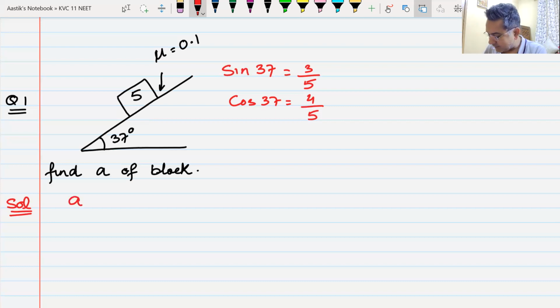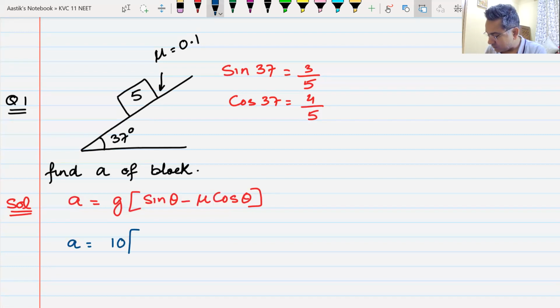So you have to find out the acceleration. This is a simple case. You can find it like this: g into sine theta minus mu into cos theta. You just put the values here and get your answer. So let us take g as 10. Sine theta is 3 by 5 minus mu cos theta. Mu is 0.1, so 0.1 into 4 divided by 5.